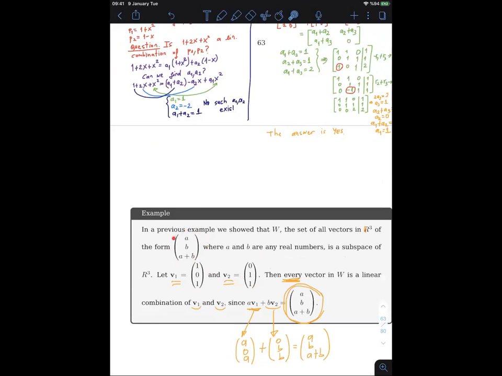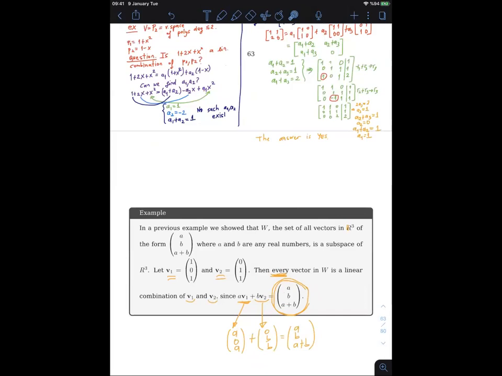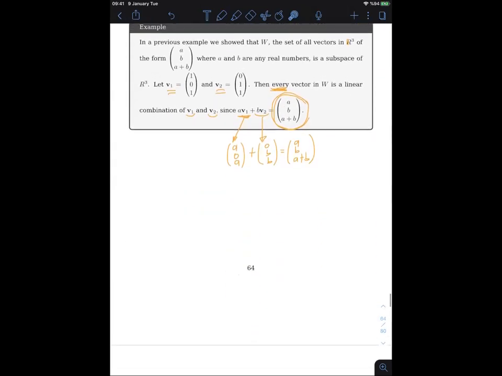There are infinitely many elements here, and only 2 of them are necessary to describe all of them. Okay, this is a very important idea that we will see again in the future. Any questions about this? No?